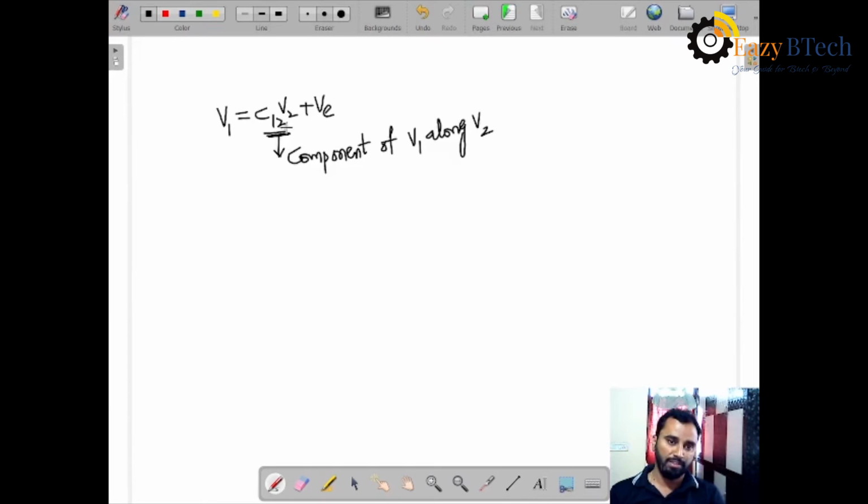That is the meaning of C12 V2. And VE is the error vector, which must be minimum. That is important.